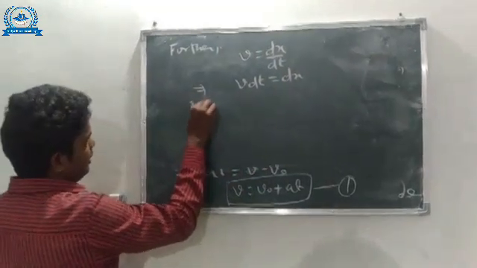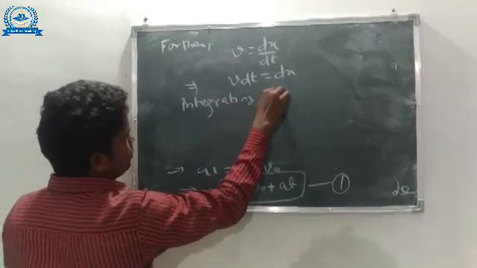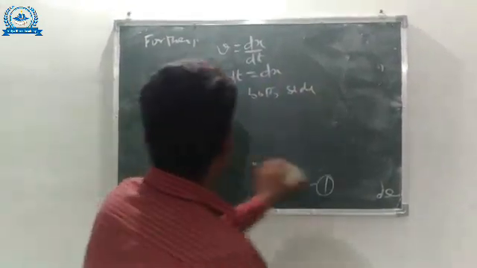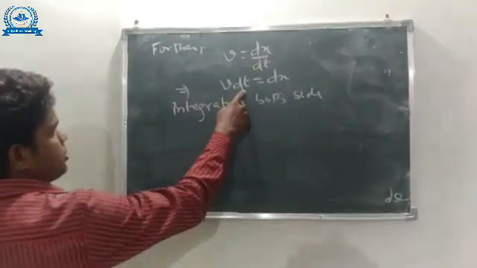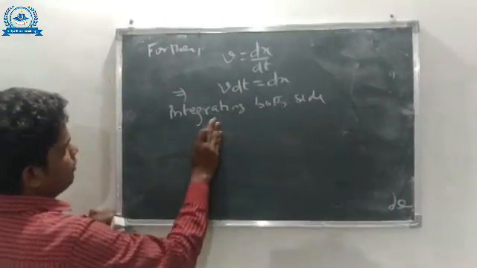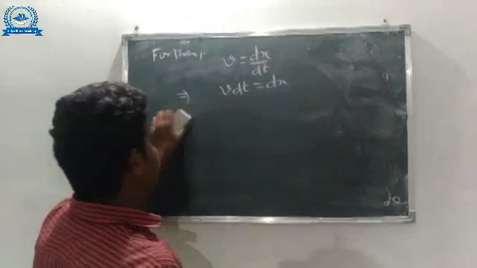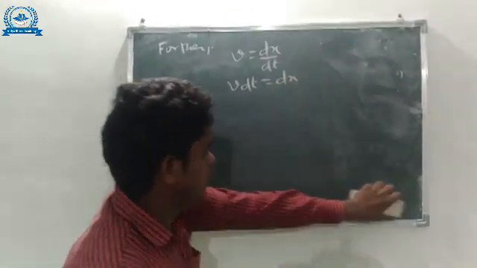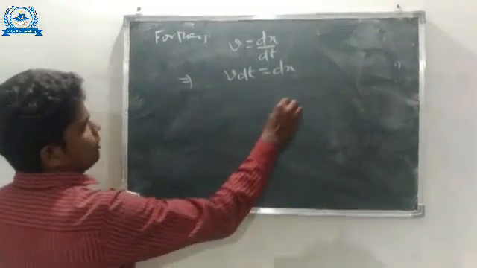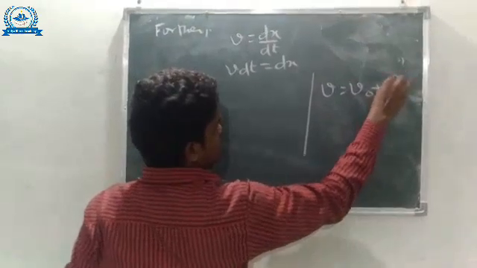Now integrating both sides. Before integrating, from the last equation, that is equation number 1, we have seen that v is equal to v0 plus at.